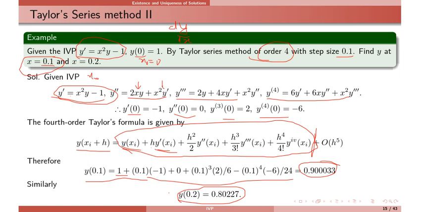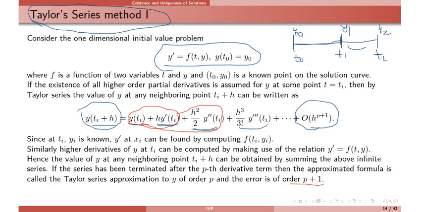And one thing you have to remember later on is what the order of a method is. Order means you are cutting the series at some derivative, the cutting point. So if you are cutting the series at the third derivative, then the order will be 3. If you cut the series at the fourth derivative, then the order will be 4.